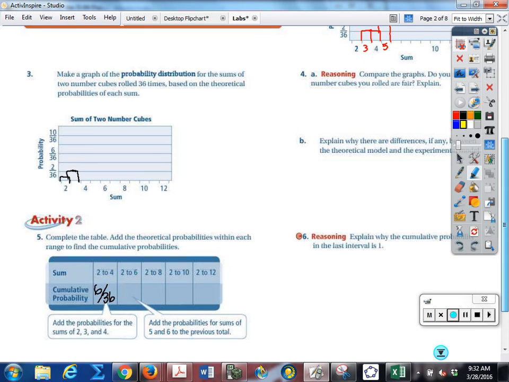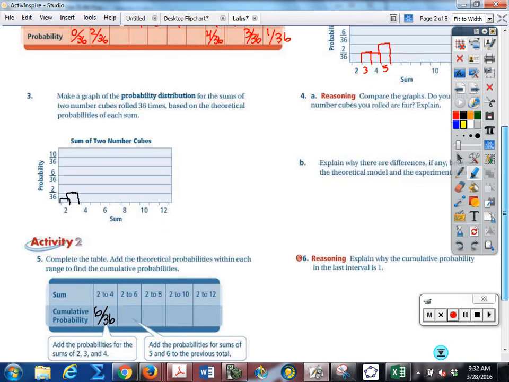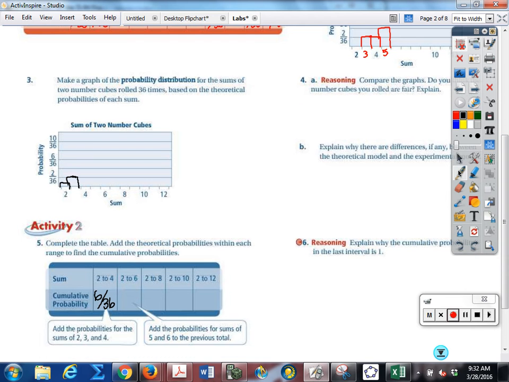So you go all the way, including all of these. A 2 to a 10, so you include them all. And a 2 to a 12. What's the probability you roll somewhere between a 2 and a 12? 36 out of 36, right? That's all you can roll. And that's the cumulative probability as you add them up. The sums as you go 2 all the way up to whatever the number is.